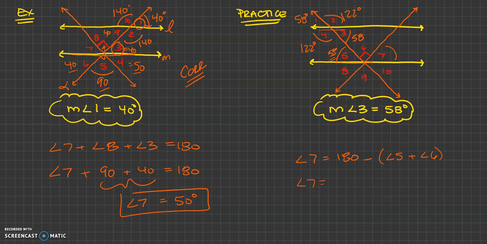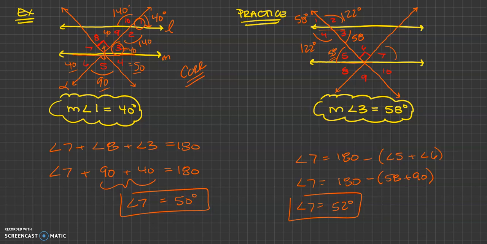And so angle 7 is going to be 180 minus, what's angle 5? Well, it's 58. Angle 6 is 90. All right, so angle 7, look, 58 plus 90, that's 148. That's going to be 52 degrees, right? So we've got angle 7 as 52 degrees.